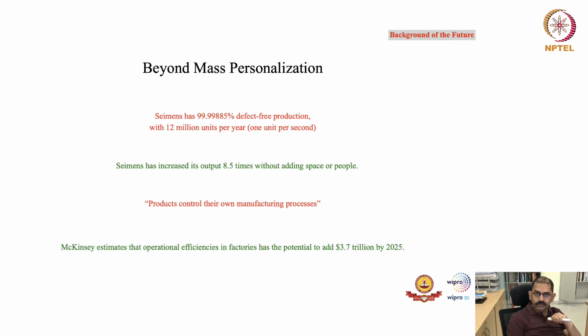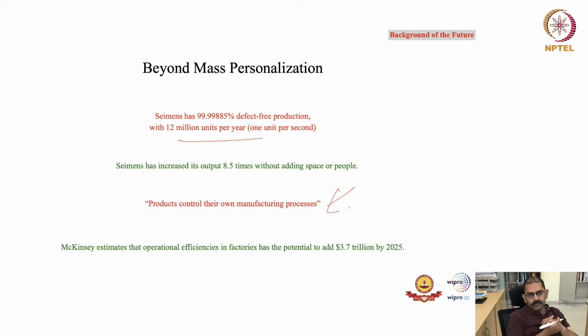So I'll give you some numbers. You can see 12 million units per year, 1 unit per second. This is the number coming from the digital factory. So very high defect-free production. The output has gone up, and you can see the statement about digital convergence that I made earlier, that the products control their own manufacturing processes, right?